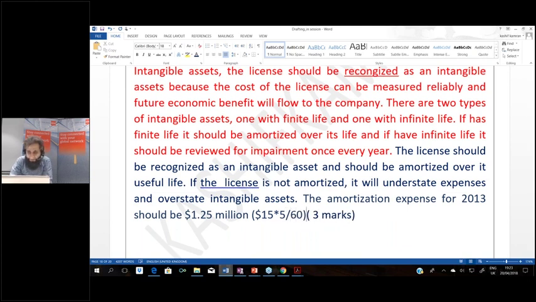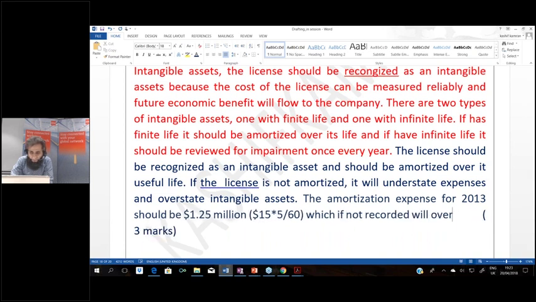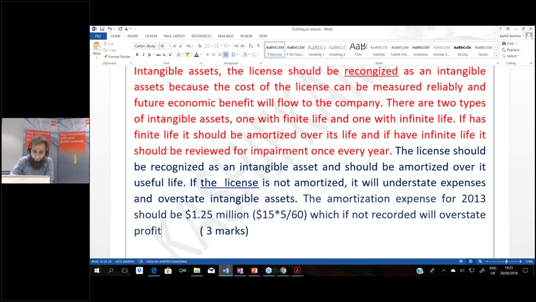So I tell the examiner this is how I got it. The amortization expense for 2013 should be $1.25 million, which, if not recorded, will overstate profit. Is that something very valuable I've done in the last 1.5 lines?